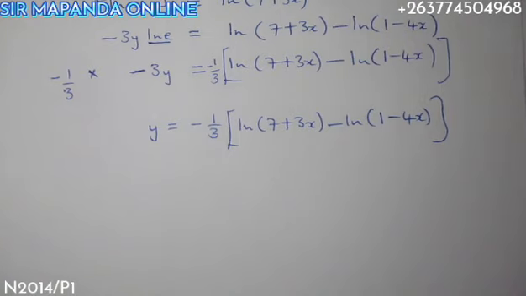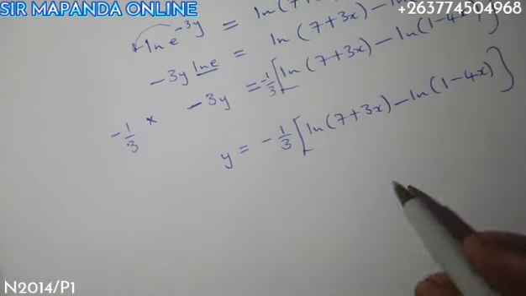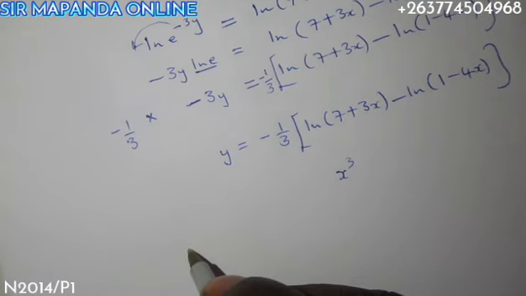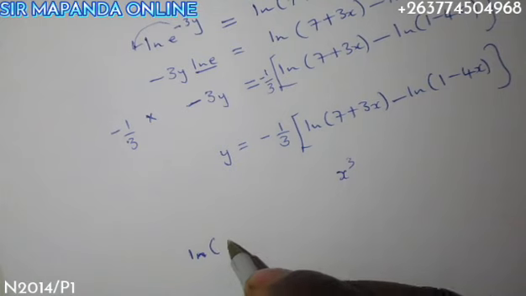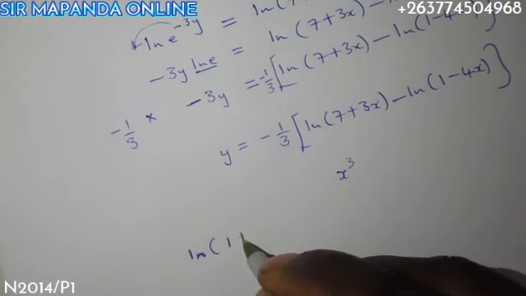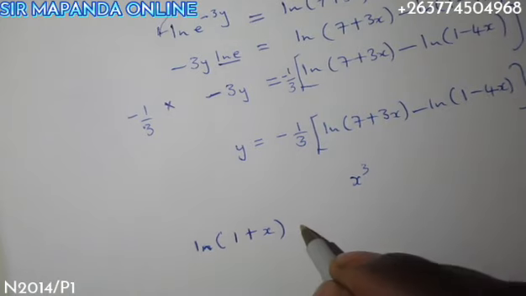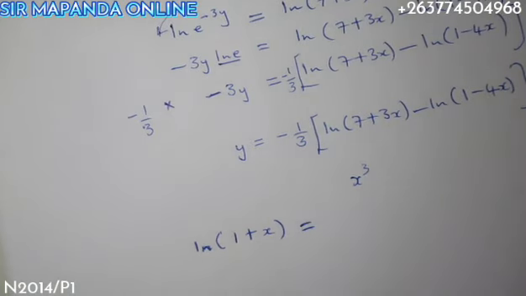So to write up to x cubed, you can visit your data booklet. First, you go to the expansion of Maclaurin under ln.